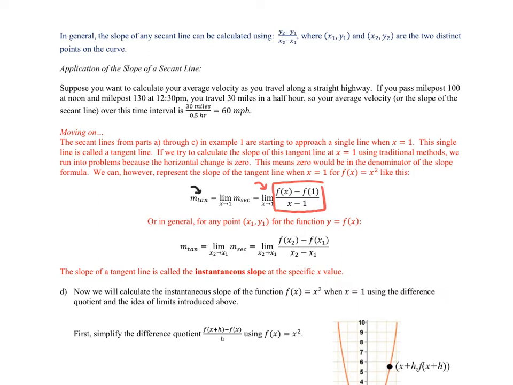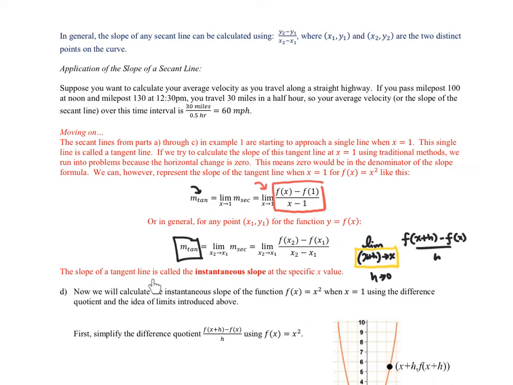Okay, in one other form, which I'd like to look at, if I took the limit as x plus h approaches x of our difference quotient, that is a third representation for this slope of the tangent line. Now, if I look at this portion in yellow here, if x plus h approaches x, that's really like h is approaching 0. Okay, so it can be written either way. All right, so let's look at the next example.